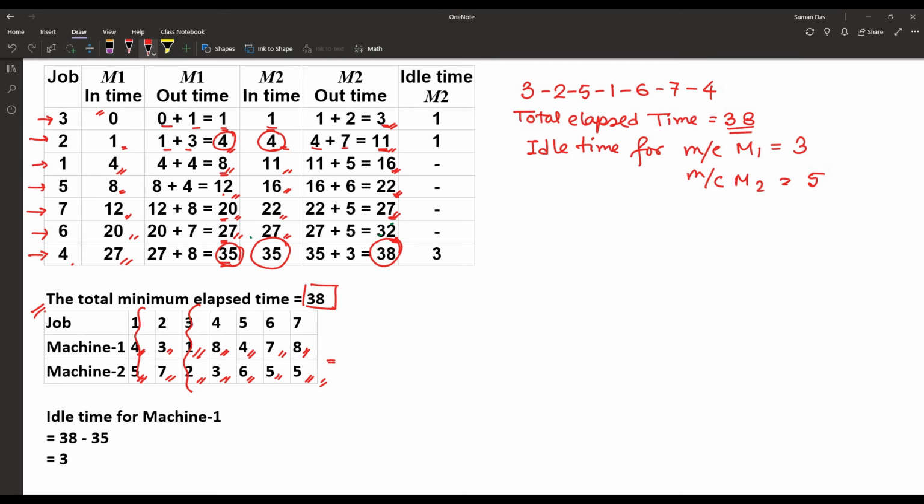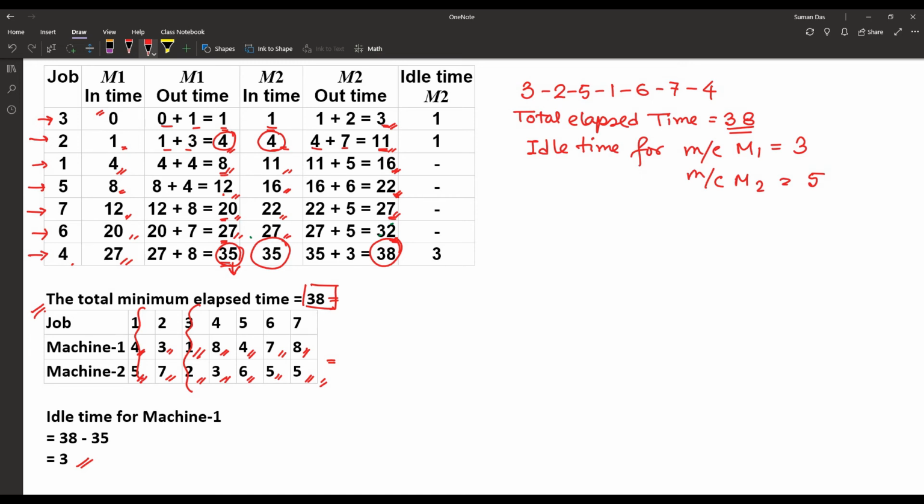And for idle time of machine M1, in the complete job sequence there was no idle or waiting time for machine M1, but at the end its out time was 35 while the total elapsed time is 38, so it has idle time of 3.